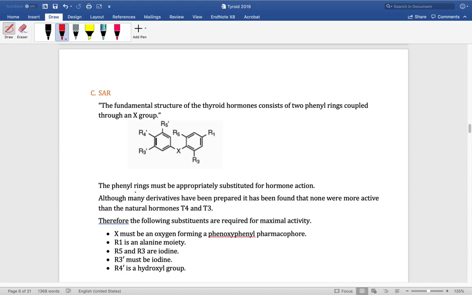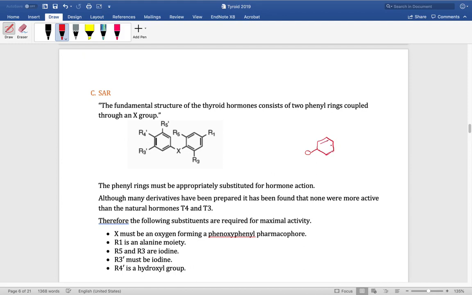it begins with the phenyl rings must be appropriately substituted for hormone action. Okay, what do we mean by that? So this is the pharmacophore for thyroid hormones, and the X has to be an oxygen, because you need a phenoxyphenyl pharmacophore. So the X has to be an oxygen. So I'm going to write an O here, and then from there, I'm going to draw the 6-membered phenyl ring.